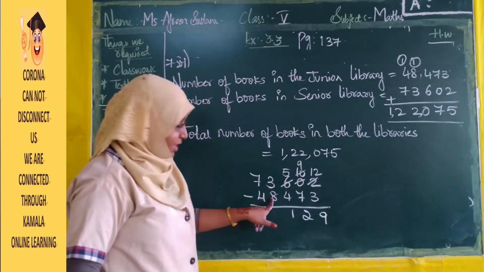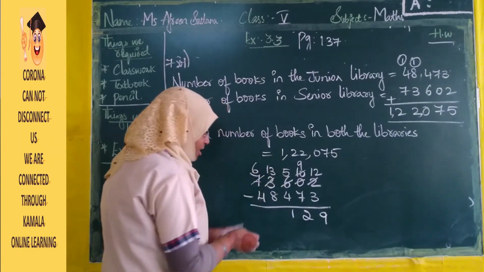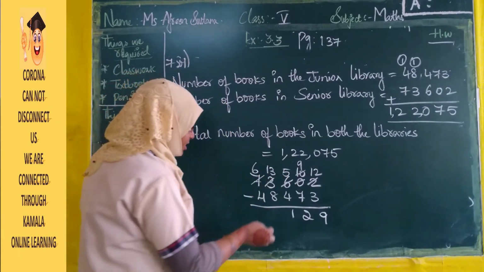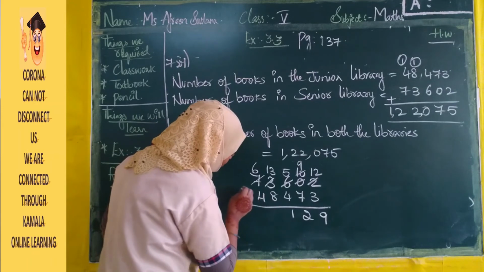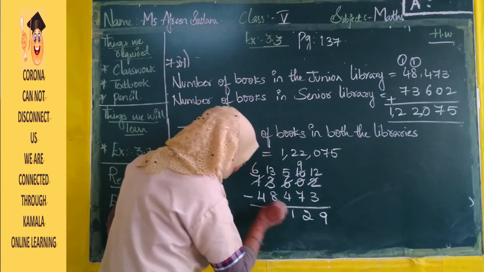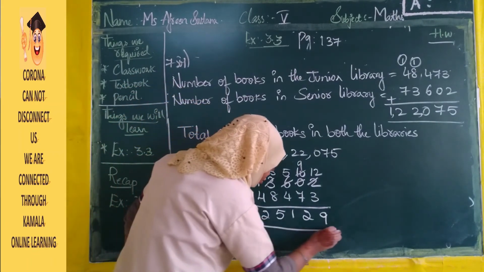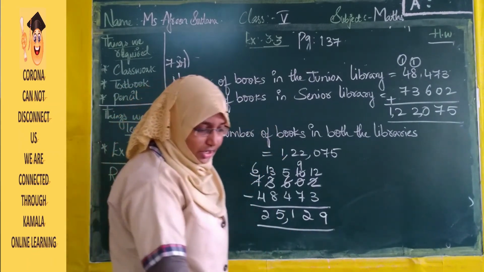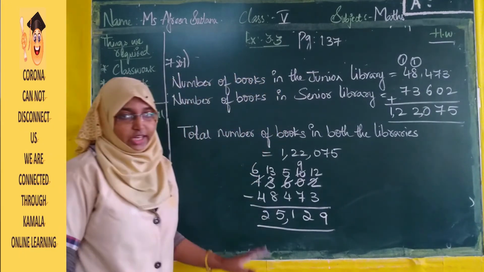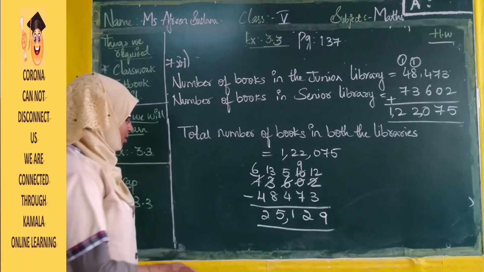Again we cannot subtract 8 from 3. So if we take a borrow, this is 6, and 13 minus 8 is 5. 6 minus 4 is 2. So 25,129 more books are there in the senior library than the junior library.